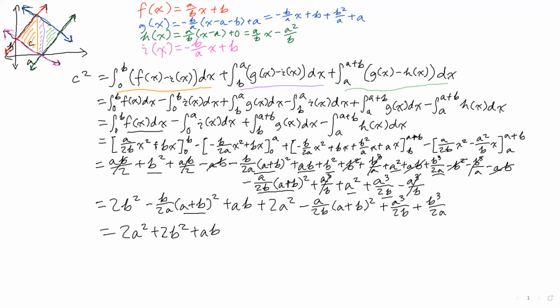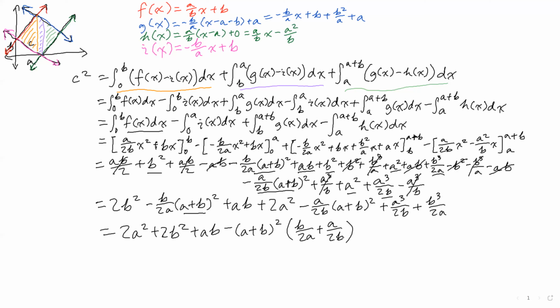I think I can actually factor out a negative a plus b squared. And that's b over 2a plus a over 2b.